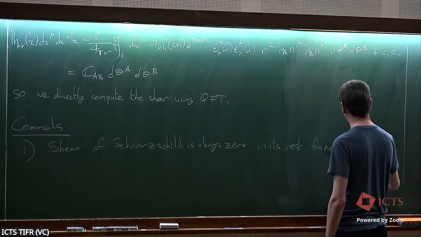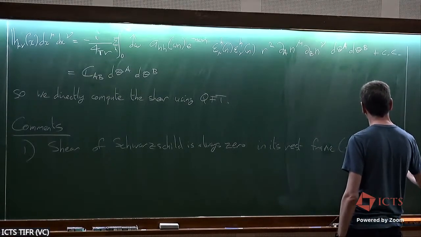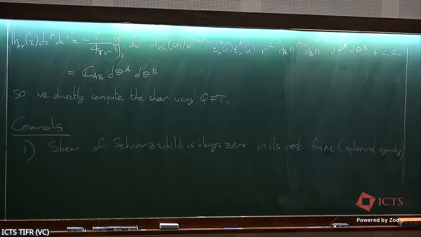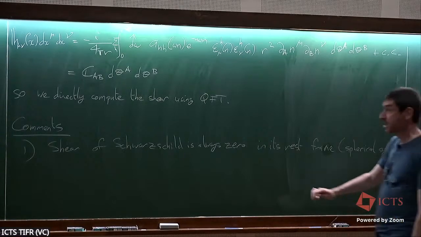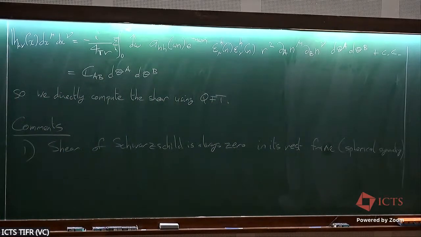That's true because of spherical symmetry. By spherical symmetry, the angular part of the metric, you're always going to choose it to be just r squared omega AB. Never going to have a CAB overall.